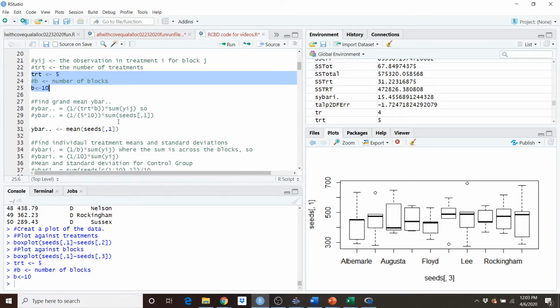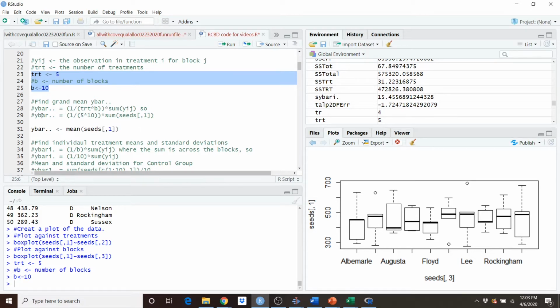So what is the first thing we need to do? The first thing we need to do is find our grand mean. Remember, that's 1 over the number of treatments times the number of blocks times the sum of the Yij's. And so that's going to be 1 over 5 treatments times 10 blocks times the sum of our first column.